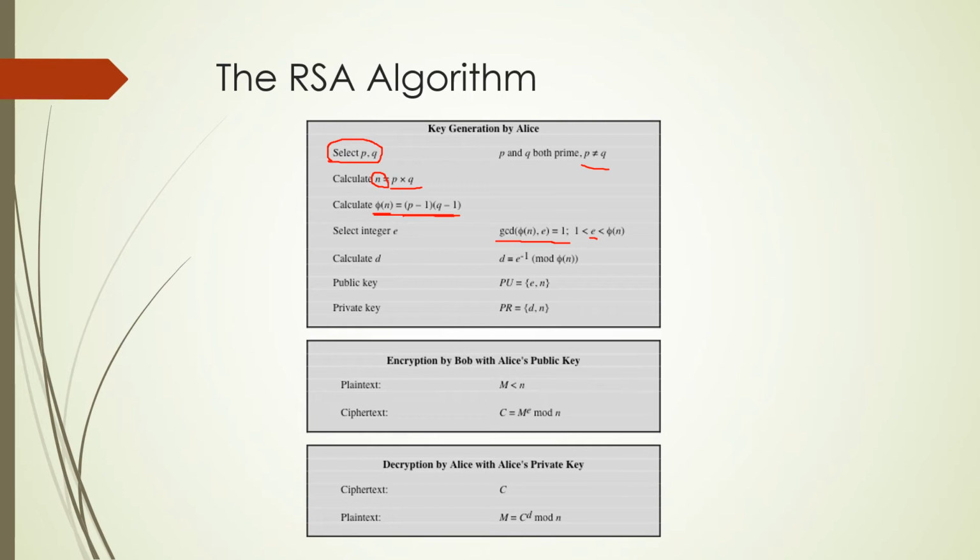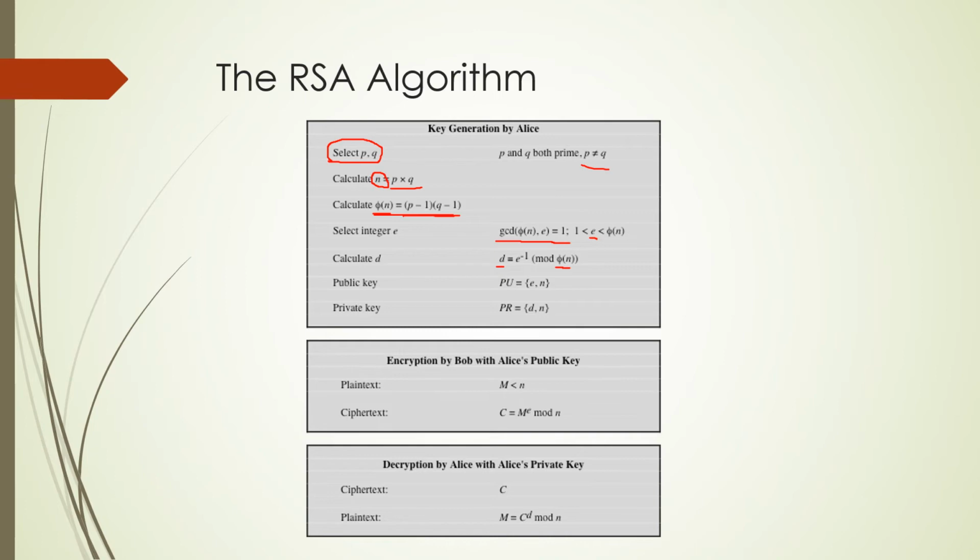Then given the value of e and the value of phi of n, we can calculate the value of d by Alice, which is going to give Alice a trapdoor. Knowing phi of n and e will make you able to calculate d, where d is part of the private key that nobody needs to know other than Alice, but e is public information.